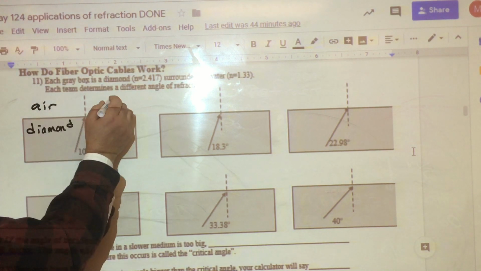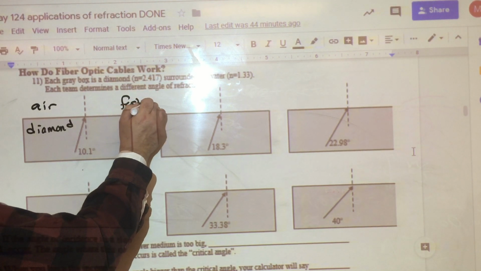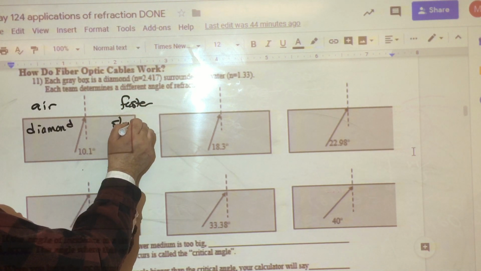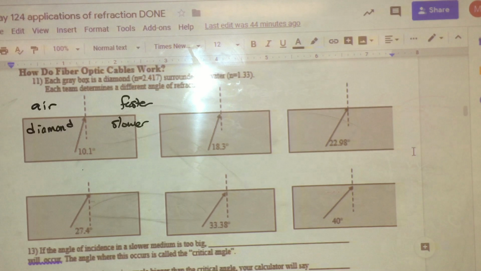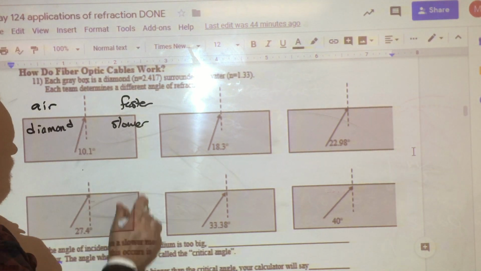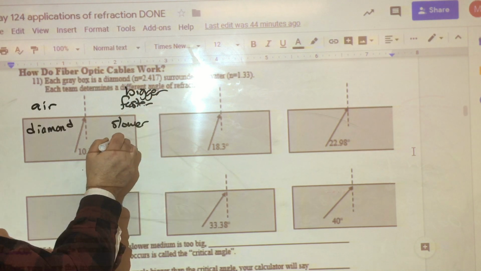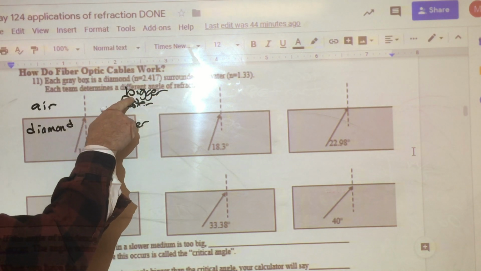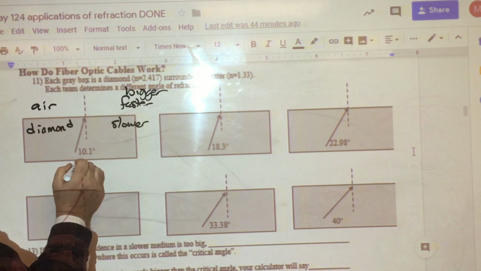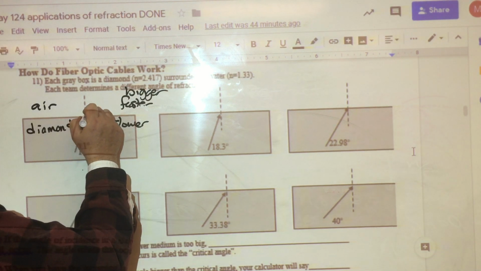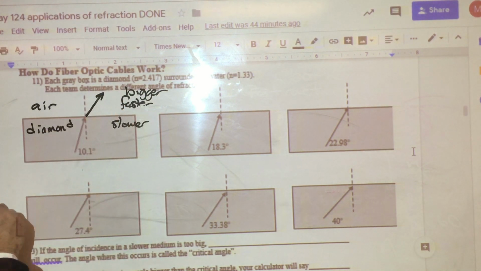And so this is faster, and the light is slower in the diamond. Faster means that it's a bigger speed, and so it's going to make a bigger angle up here. If this is 10 degrees, this is going to be something bigger than 10.